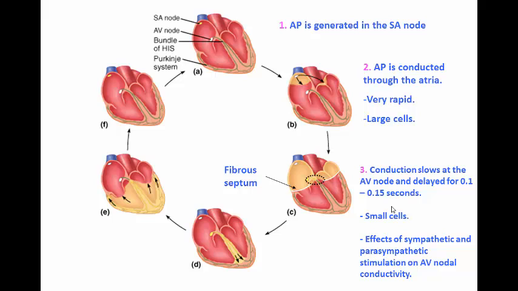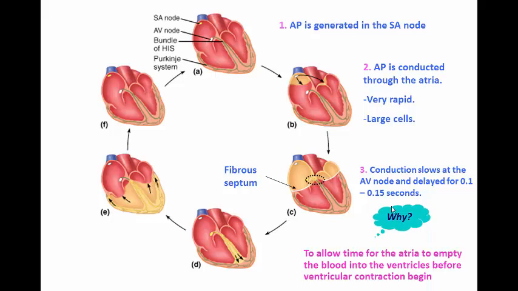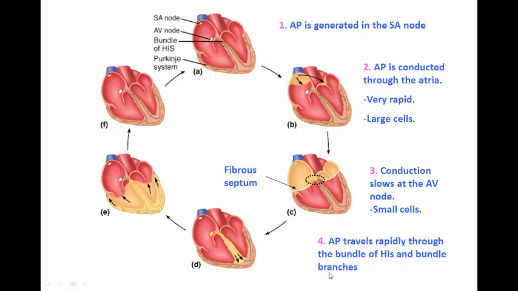This AV nodal delay is important because it ensures that time is allowed for the atria to empty the blood into the ventricles before the ventricles are excited and contract to eject blood into the circulation. Then the action potential travels rapidly through the AV bundle, the bundle of His and the bundle branches.